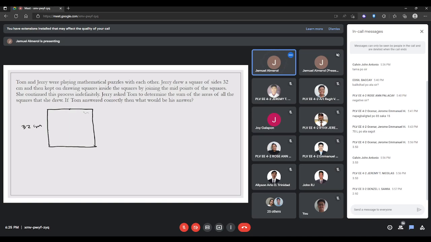Okay, ayan. Tapos, continue yung process. And so on and so forth. Ano daw yung sum? Okay, unahin muna natin yung area ng biggest.